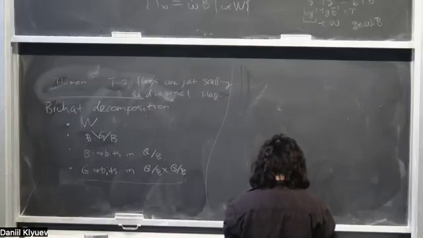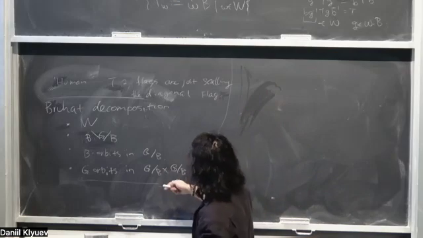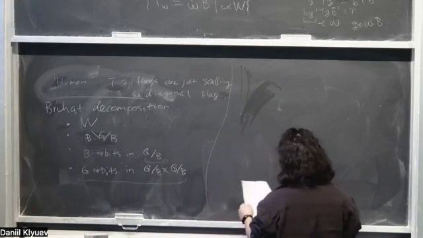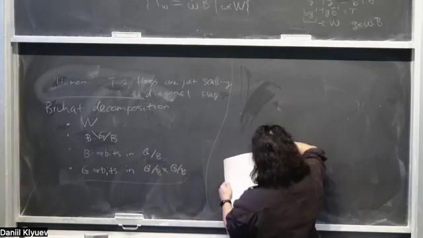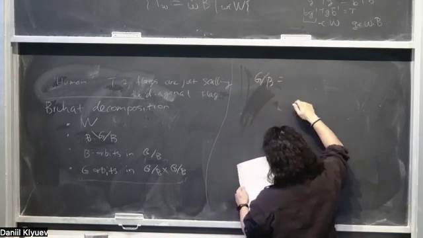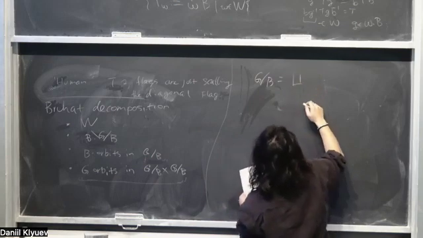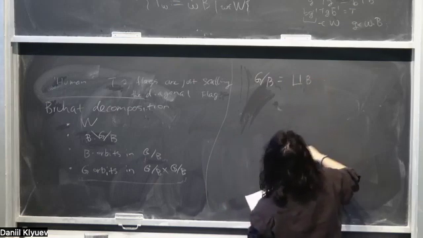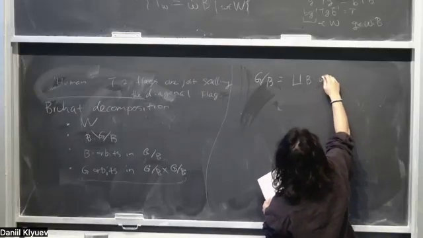Okay, so since we're doing the flag variety, let's use this thing. From this third description, G mod B is going to be the union of the B orbits of those T-fixed points.